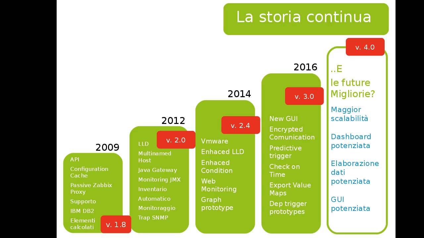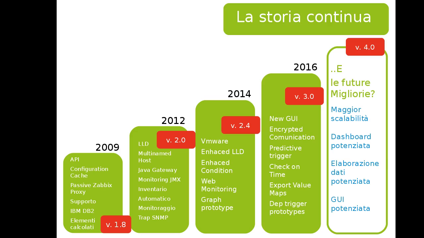The most important release was 1.8, and in this release in 2009 we could find API, configuration cache, passive proxy, different kinds of database, and it is the first enterprise release of Zabbix.